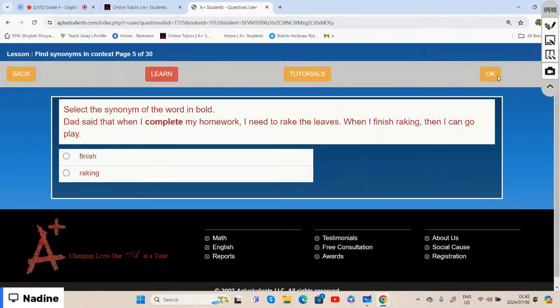Is it finish or raking? Which one is the synonym of complete?